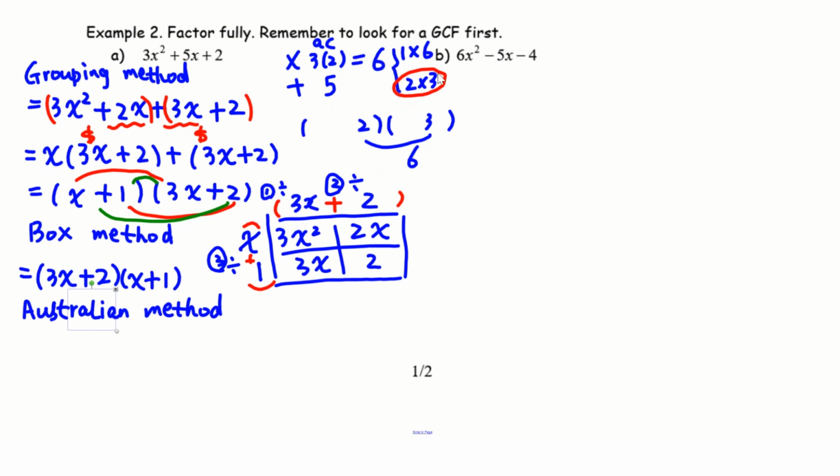So this method is going to use the 2 numbers you found right away in the bracket, but you need to put the 3x, the a value, in the bracket: 3x, then over 3. This will make sure that 3 times 3 divided by 3 gives you 3x squared, which is right for the first term.